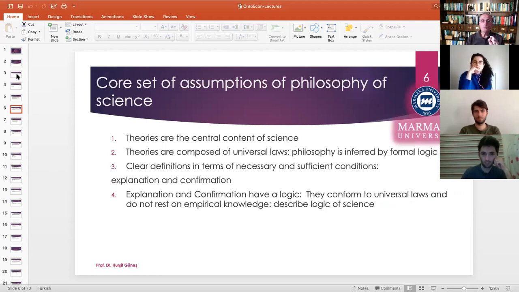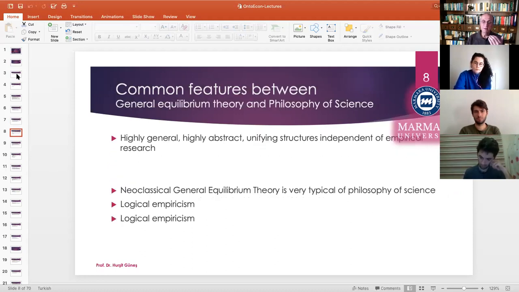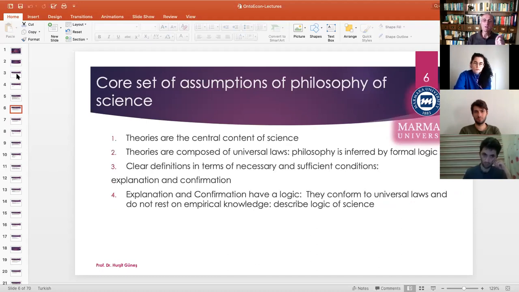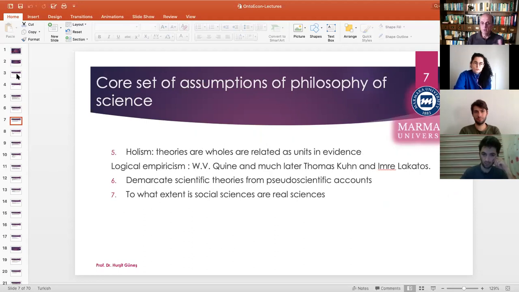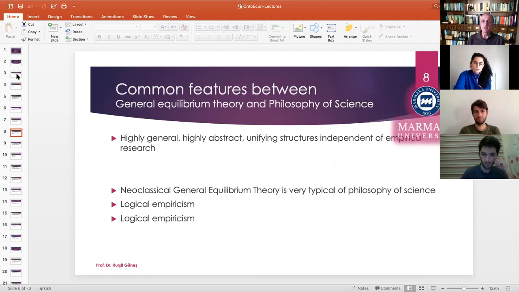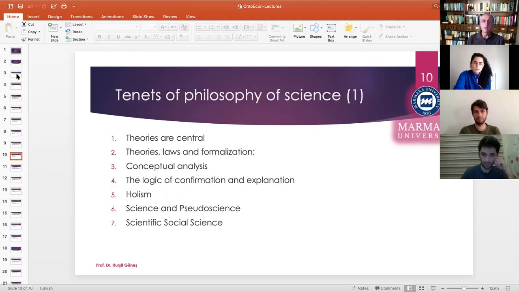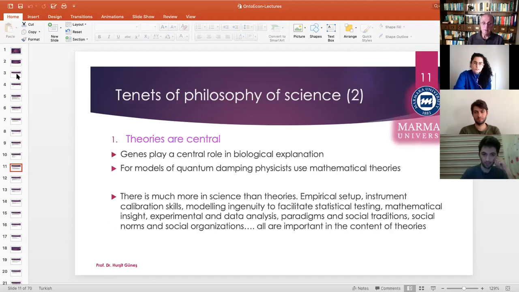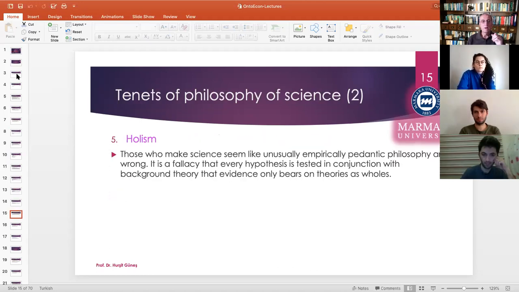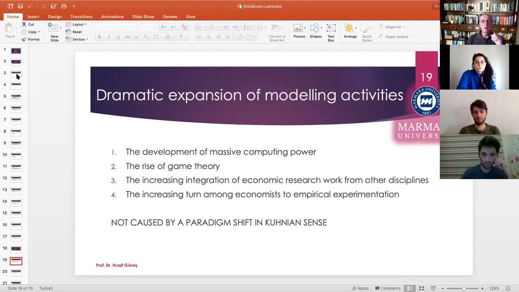Now, we were talking about four core sets of assumptions of philosophy of science. Remember them? Then we went into some general core assumptions of philosophy of science, seven of them. Then I went into the general equilibrium theory. Then we talked about the tenets, the rules of philosophy of science, seven of them. And we came to a point where we were talking about how economic models or studies were developed.